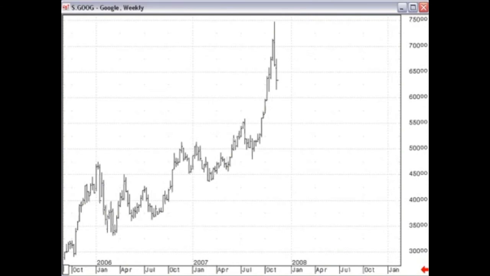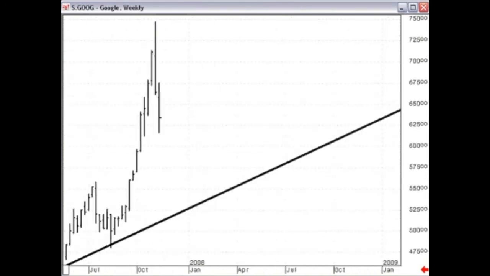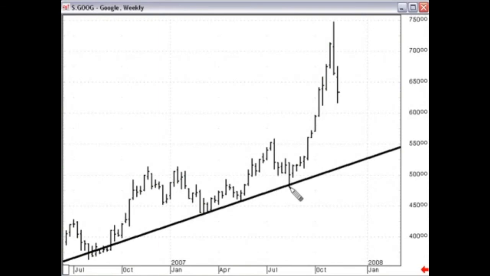I'd like to show you a little occurrence back here. Now, we connected this low here to that low. And as you can see, let me expand the price chart out a bit. It provided support in Google for the subsequent advance right here.